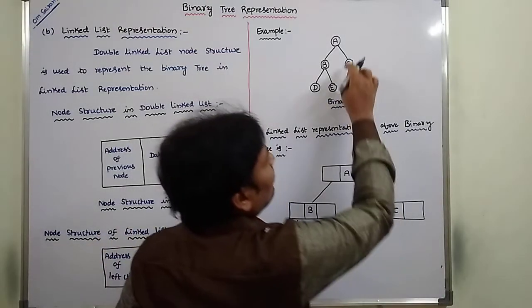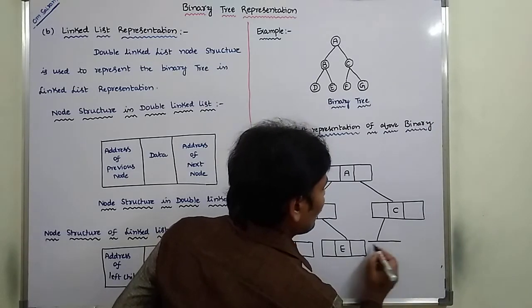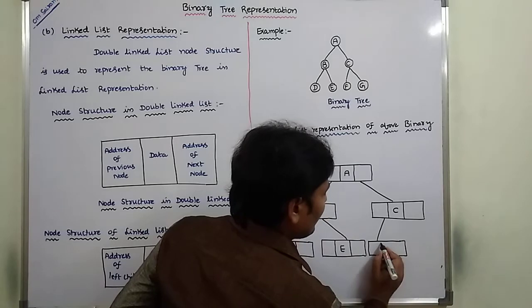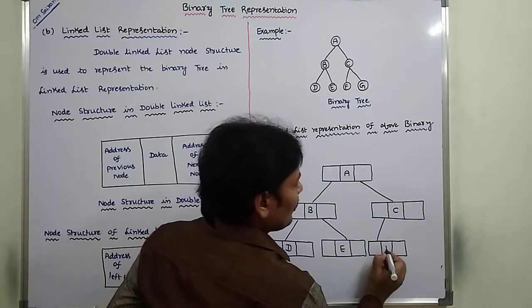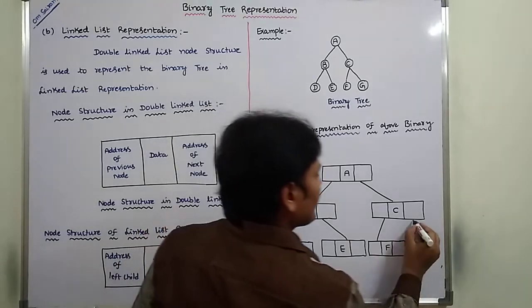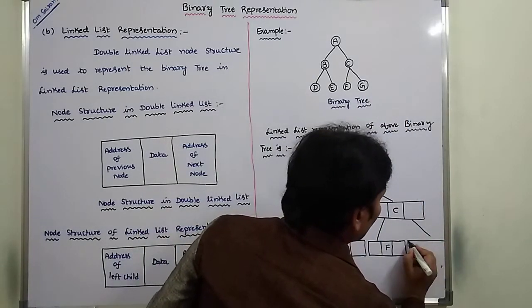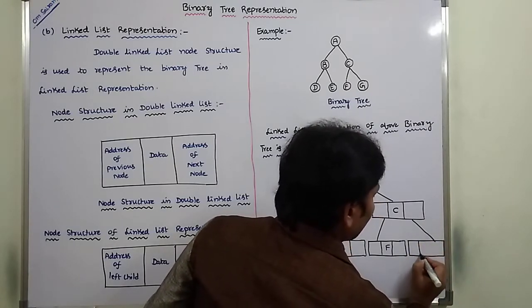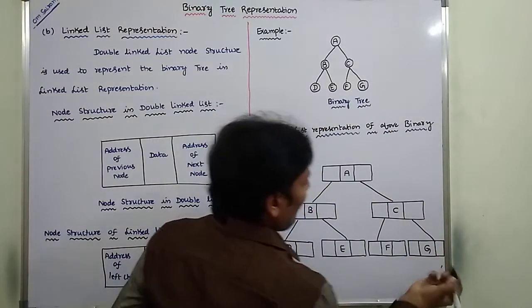Next, C left child is F. Now we have to create a new node with three cells. The middle cell can contain the node value F. Next, C right child is G. Now we have to create a node with three cells. The middle cell can contain the node value G.